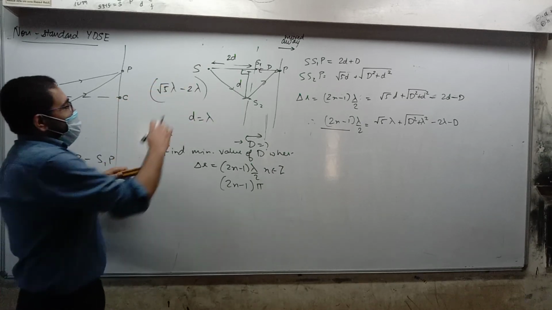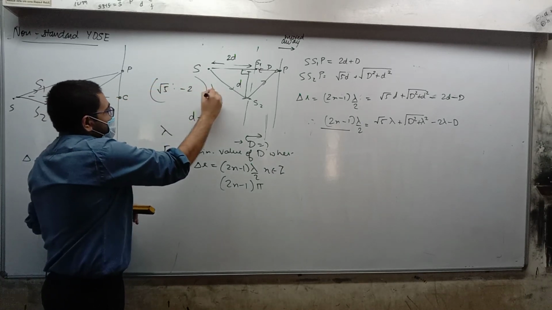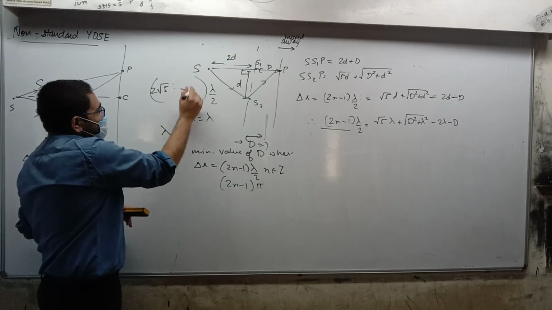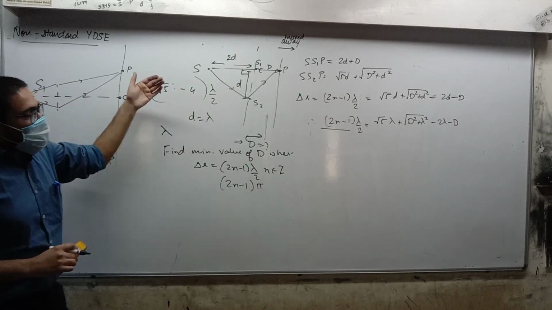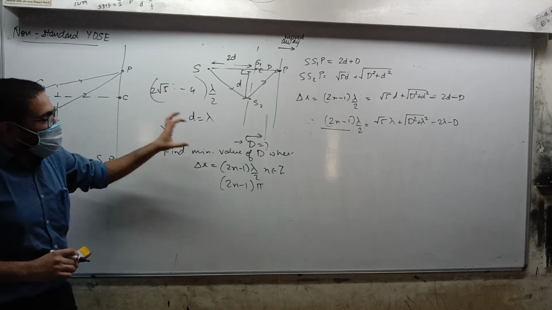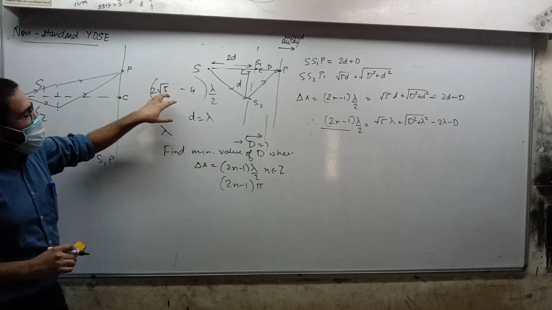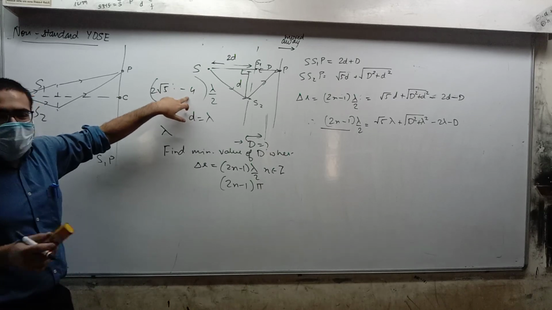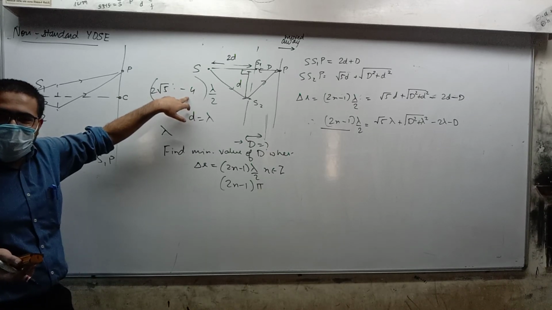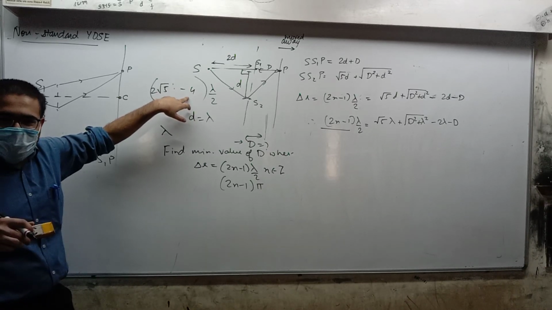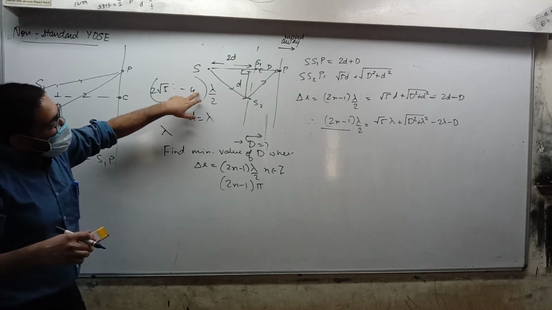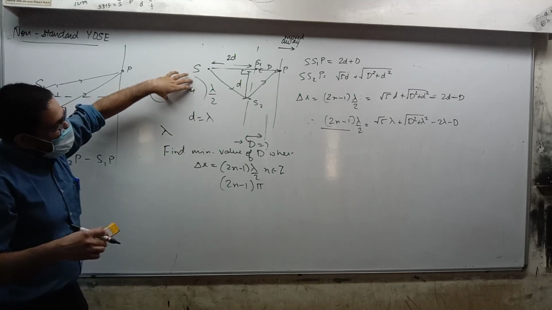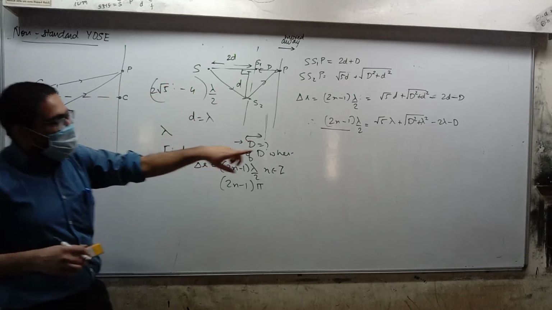And if you take lambda common, lambda by 2 actually, you write it like this. So set it to the next integer after this, because you are looking for the first value. So 2 root 5 minus 4, what is its value? Less than 1. Do you agree that it's less than 1? Definitely yes. Okay, so then increase this value and we get 1. So here you can get a 1.